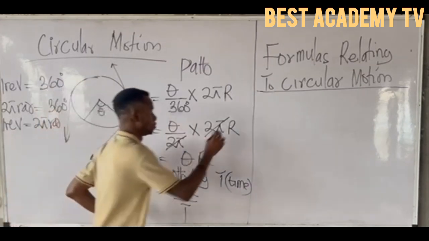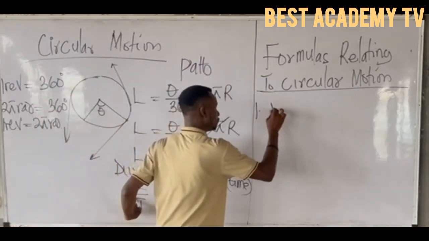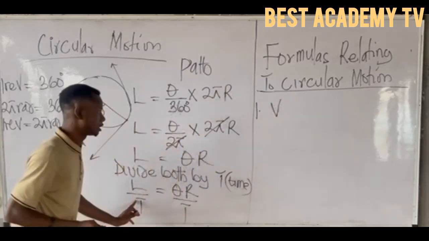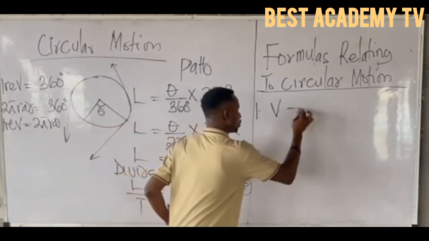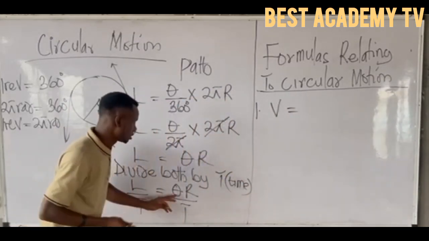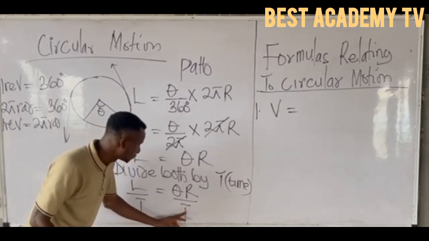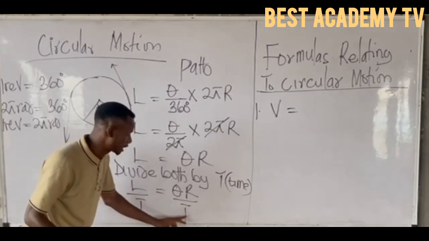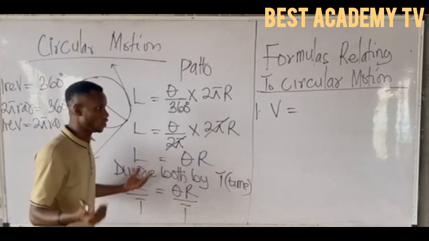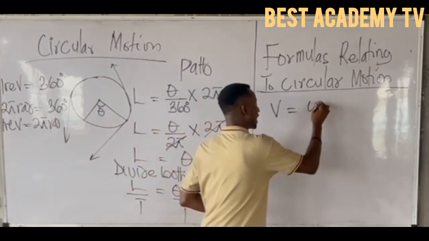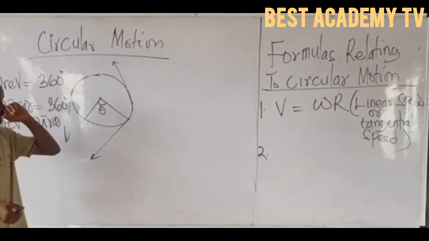So this is going to be, our first formula will be V, ignore velocity here, is equal to angular velocity over time. So angular distance over time, because angular velocity. So this will be omega r.